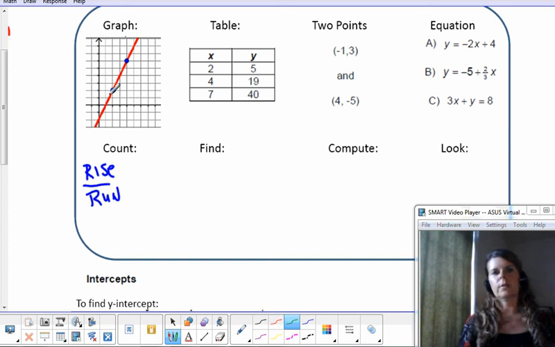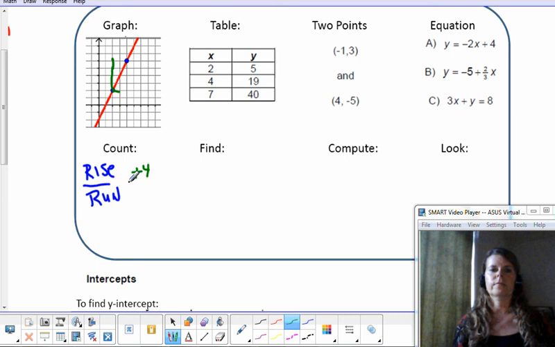Let's say we start at this bottom point. You could start at the top, it's up to you. We're going to go up first, rise. 1, 2, 3, 4. So our rise is up 4, so it's positive. And our run is also in the positive direction, 1, 2, so it's to the right 2.